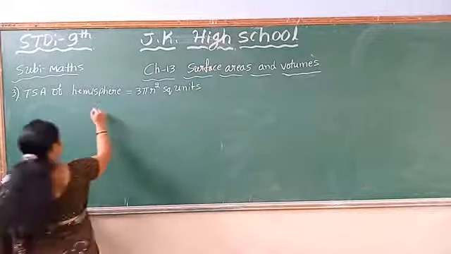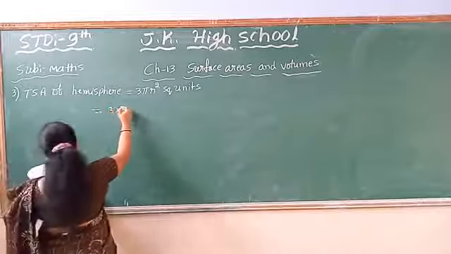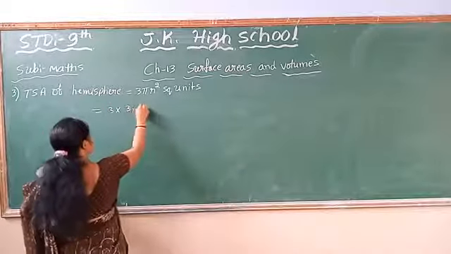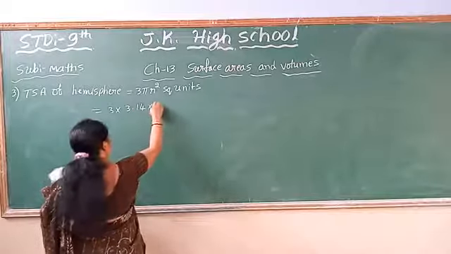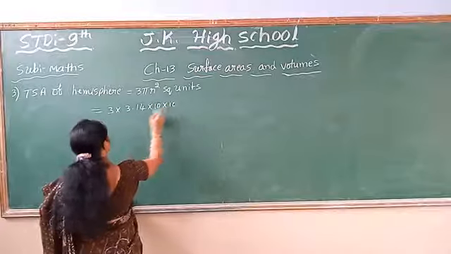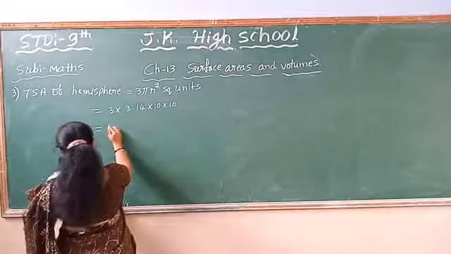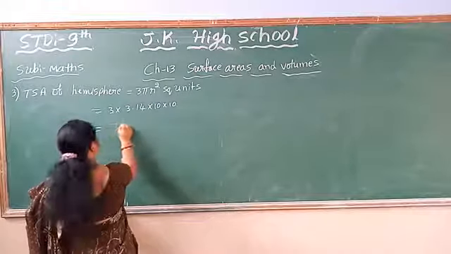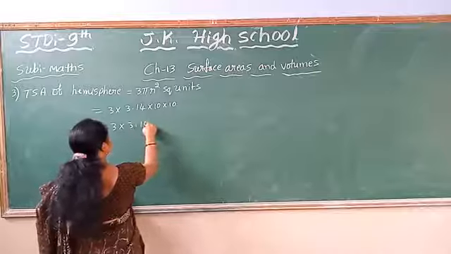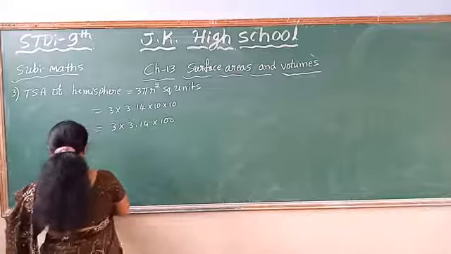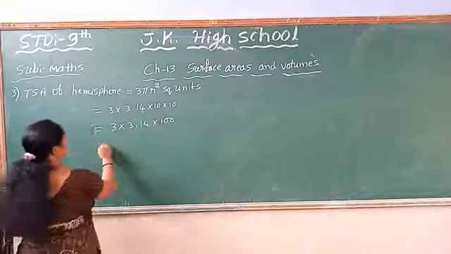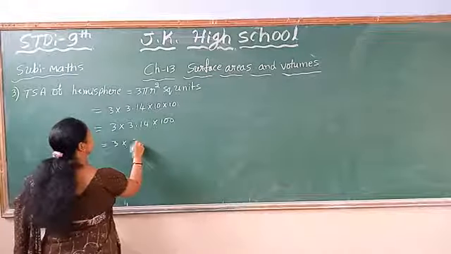So the pi value they gave in the question is 3.14, I substitute. And the radius value they gave is 10 into 10. So it becomes 3 into 3.14, 10 into 10 you multiply, 100 becomes, then if I multiply it by 100, it becomes 314.